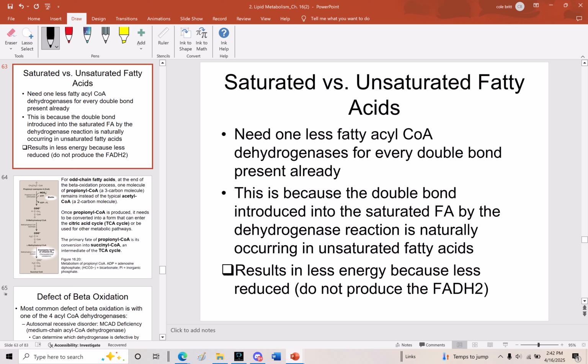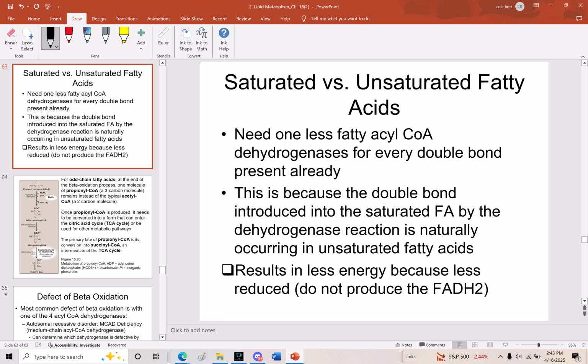Remember the first step is where you make a double bond between carbons. If you have an unsaturated fatty acid, you already have a double bond, and so you do not produce that first FADH2. Whenever there's already a double bond, you don't make that FADH2, which means you're not going to make as much energy or as much ATP from an unsaturated fatty acid than you will from a saturated fatty acid.